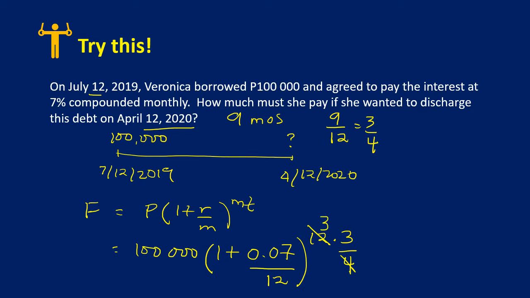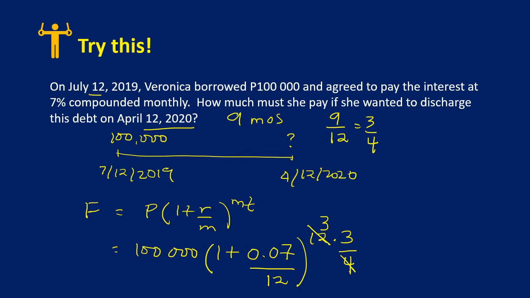So we just now use our calculator. 1 plus 0.07 over 12 raised to 9.